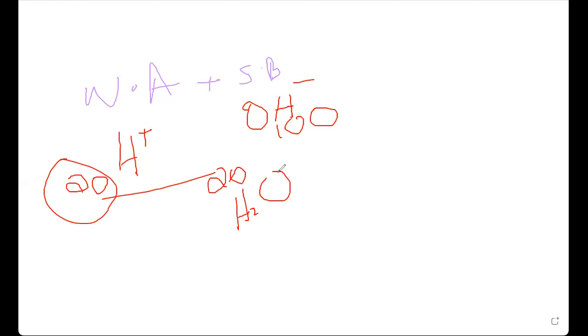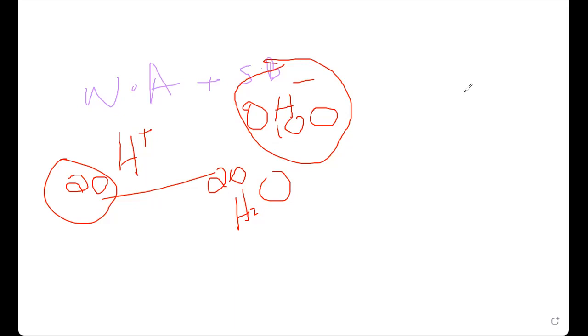There are still a lot of OH negative ions left in the solution because you have used weak acid here. OH negative ions, these are the ions from the base.